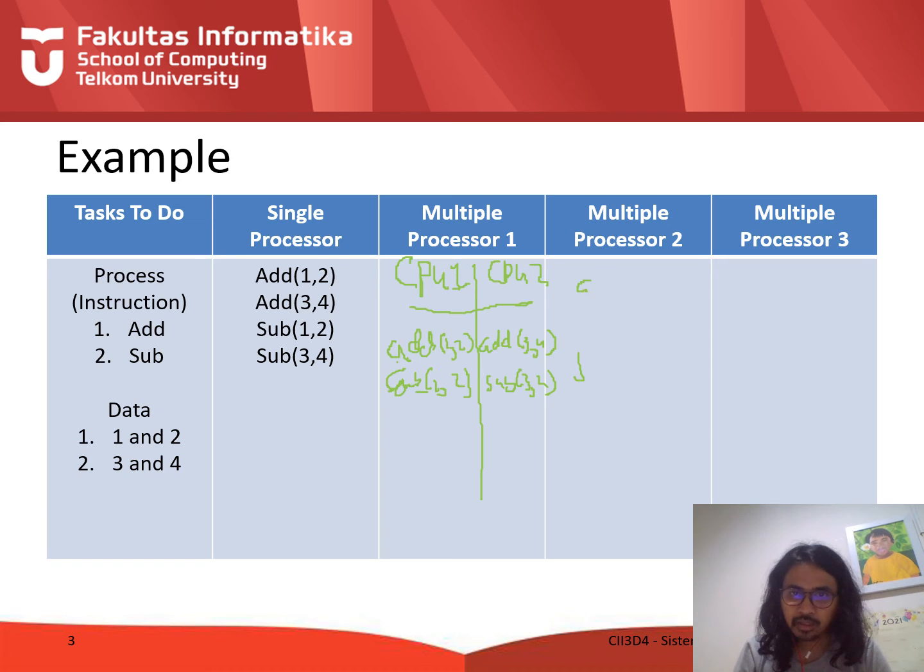In the second scenario, we can imagine that one CPU is designated to do adding. So there is an add CPU, and the second CPU is a sub CPU. One CPU specializes in adding, and one CPU specializes in subbing.